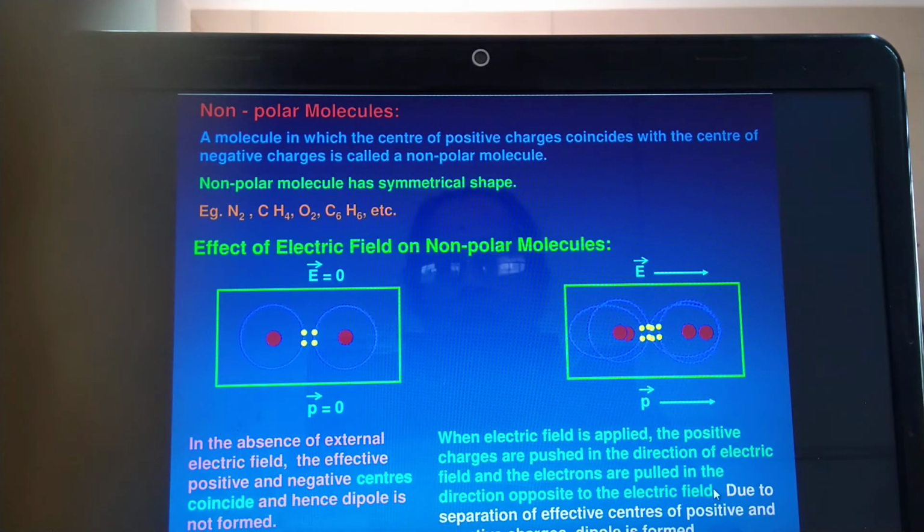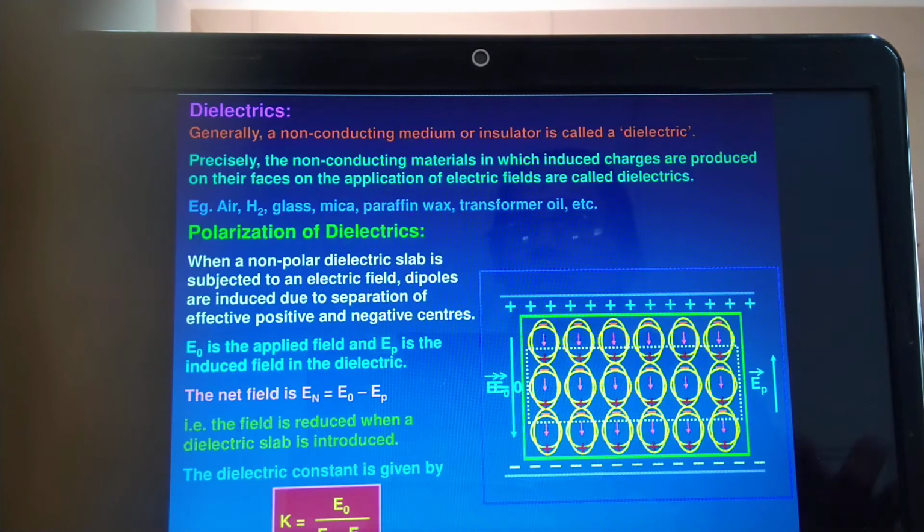Meaning, electrons, the negative charges, will get attracted towards the positive side of the electric field, and the positive charge of the non-polar molecule will get pushed the other way. So there will be a separation of positive charge and negative charge. Due to that separation of effective charges, a dipole will get formed.